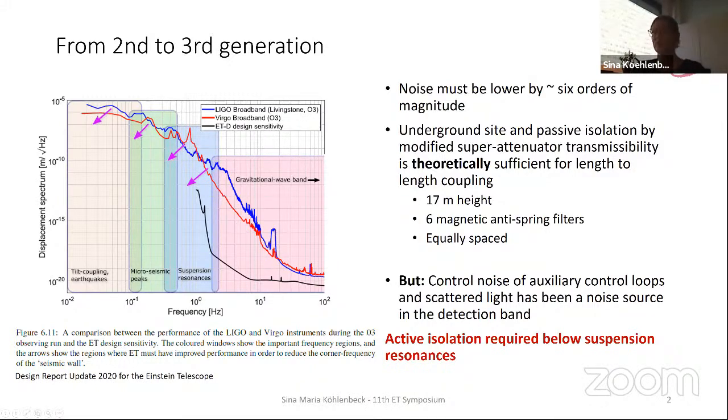Therefore, we need to take some additional measures, and we will use for the seismic isolation in the gravitational wave band the super attenuator, or rather an adapted version of it.